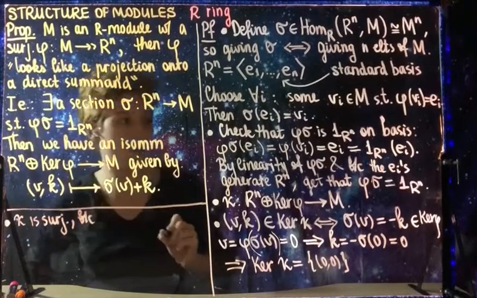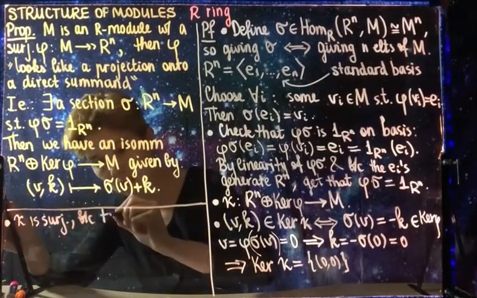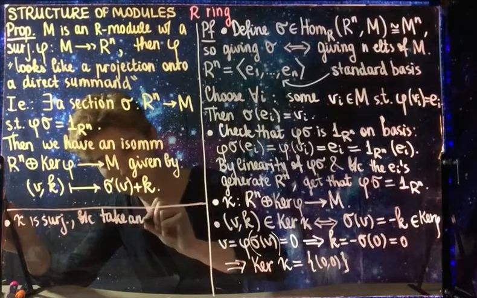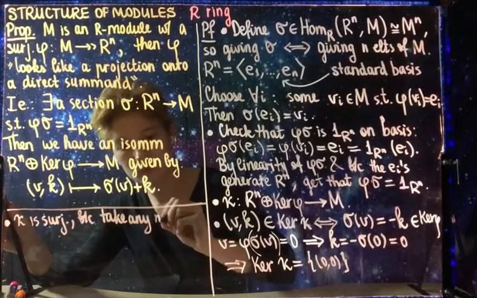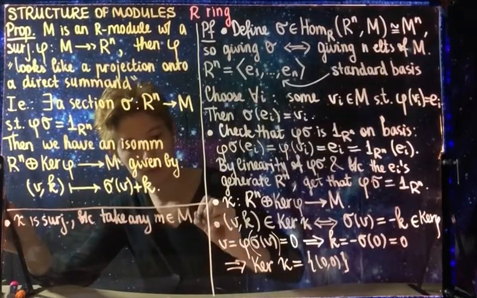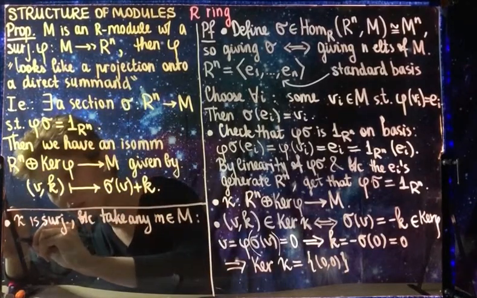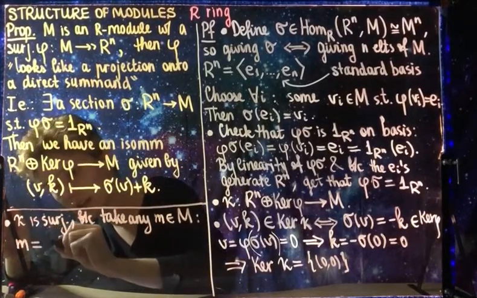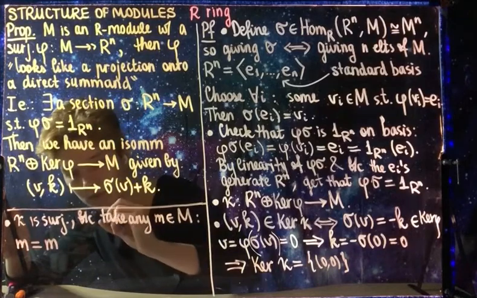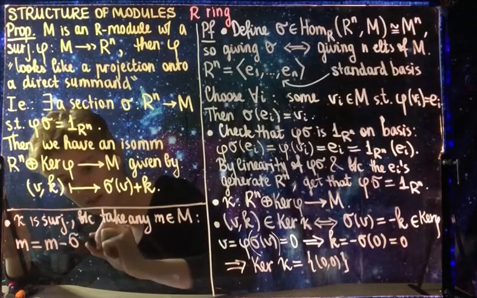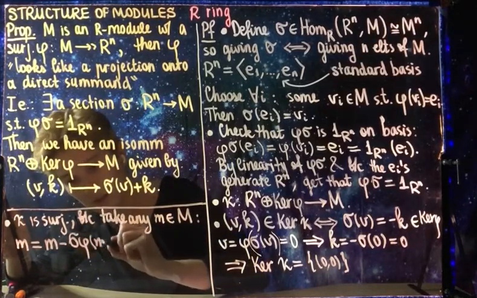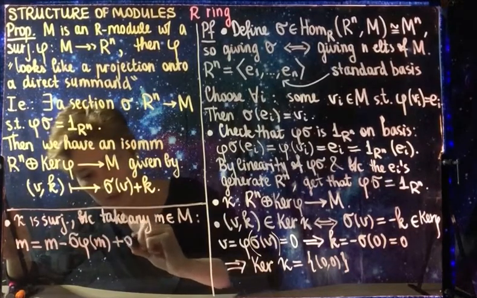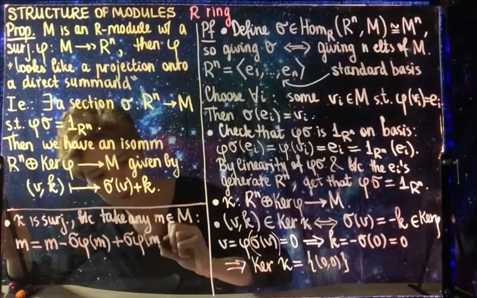And this is because I can take any element m in M, and then I write it as m minus sigma phi of m plus sigma phi of m.